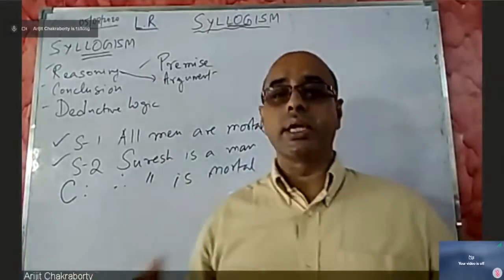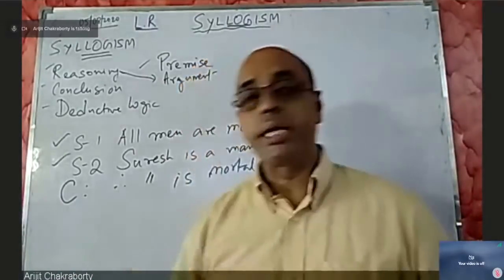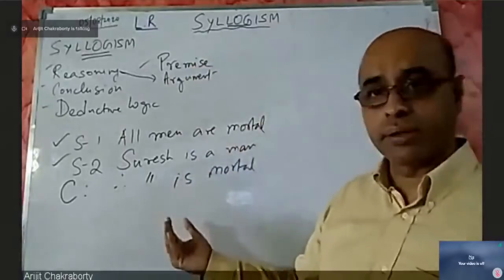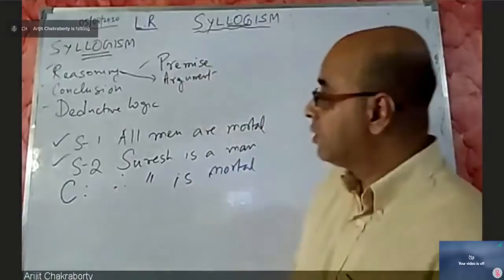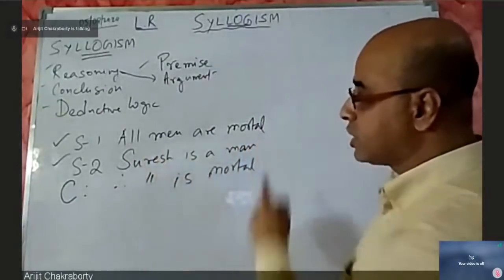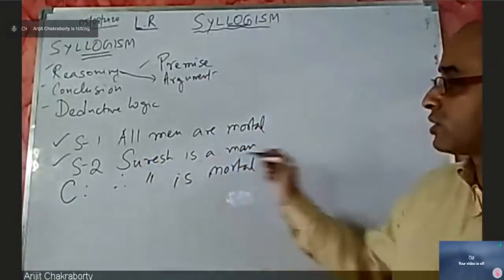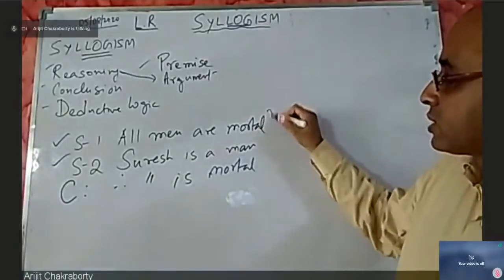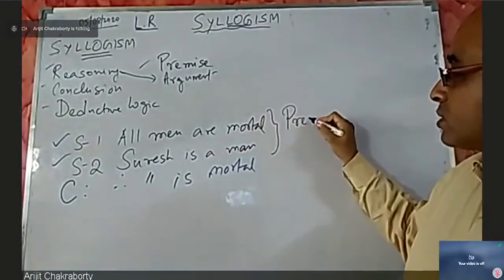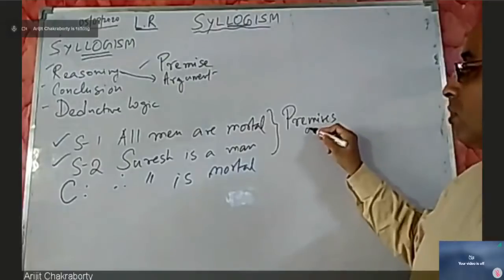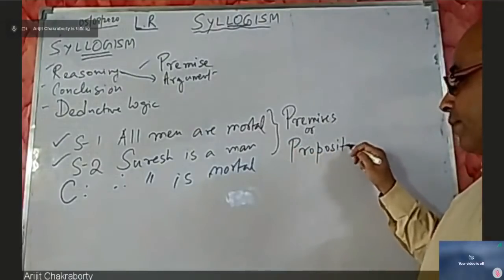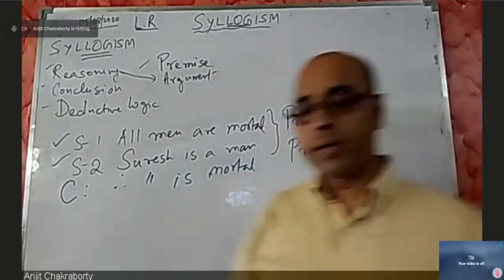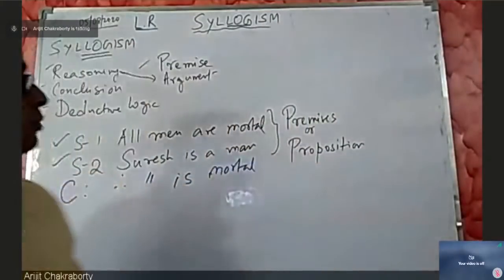Syllogism is a Greek word and it means deduction or conclusion. And of course, as I said, these statements which you see, all men are mortal, Suresh is a man, these are known as premises or proposition. Proposition. So please keep noting. These are known as premises or proposition.